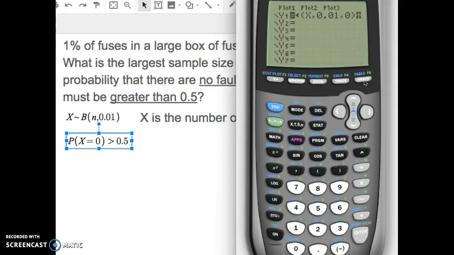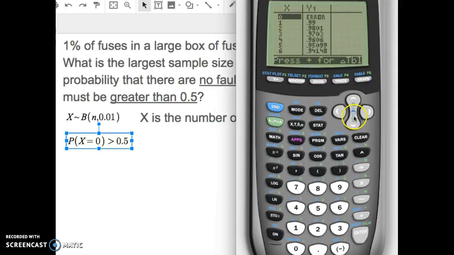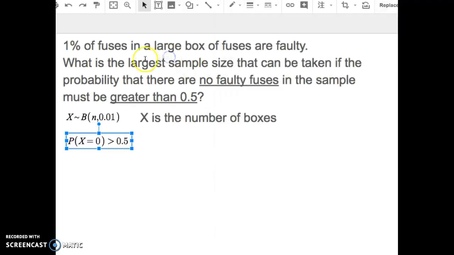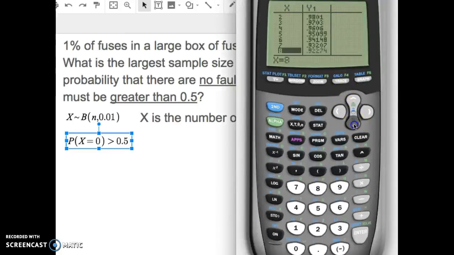Let's go to the table for now. Second graph gives you a table, and we can scroll down. We're looking for the largest sample size that will give us a probability that's more than 0.5. As you can see, the more we scroll down, the bigger the X over here, which represents my N. So the higher the N, the smaller the probability.